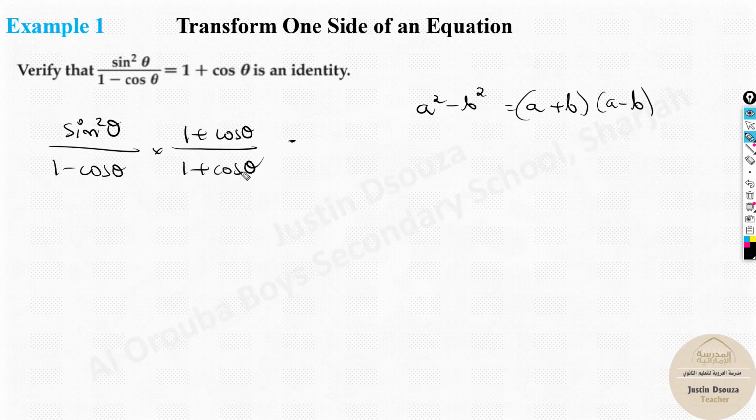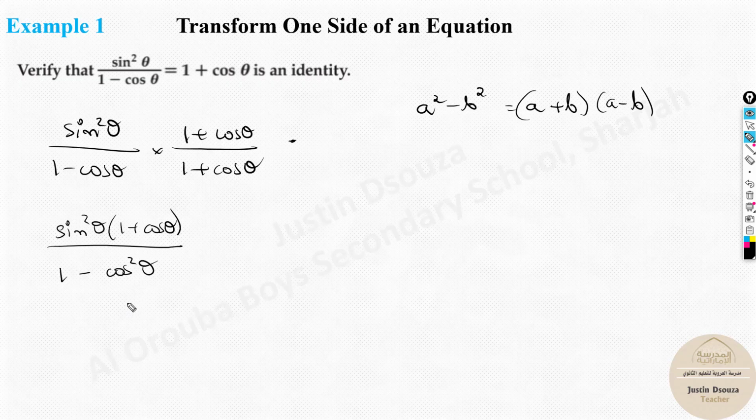The above term will be sine squared theta multiplied by 1 plus cos theta. But in the denominator, we get 1 squared minus cos squared theta, that is 1 minus cos squared theta. So this is how we get it.